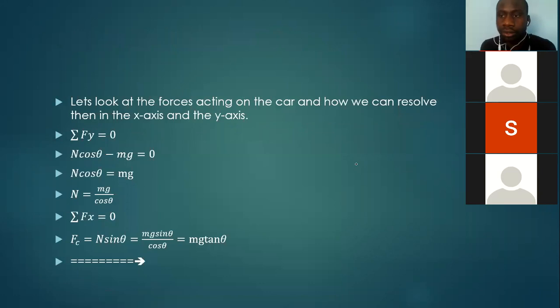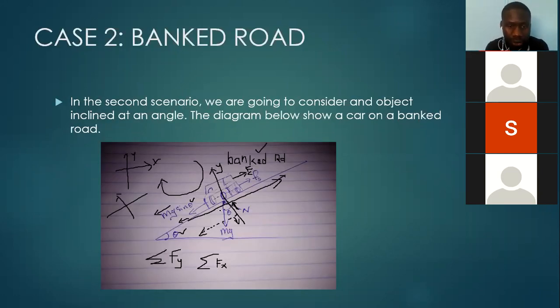All right, so the quick summary is that when we have an object, a car for example, moving on a banked road, which is a road put at an angle, since we have a road which is at an angle, obviously then we also need to rotate our axis.